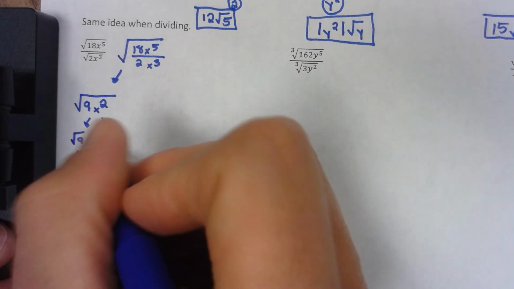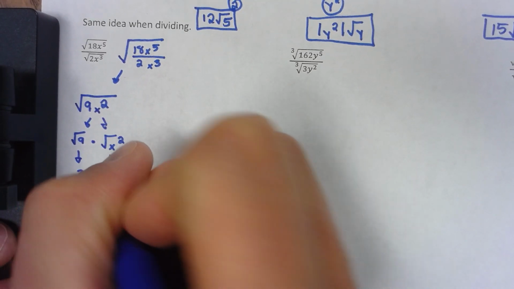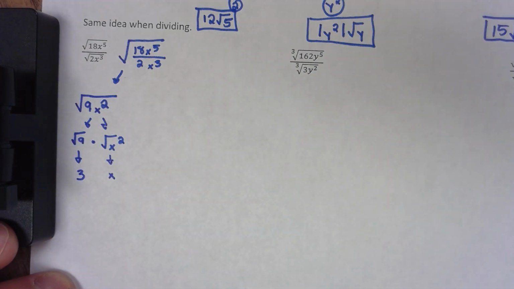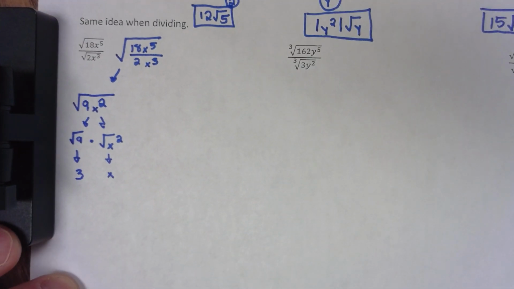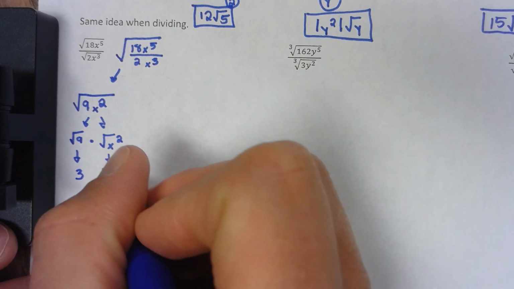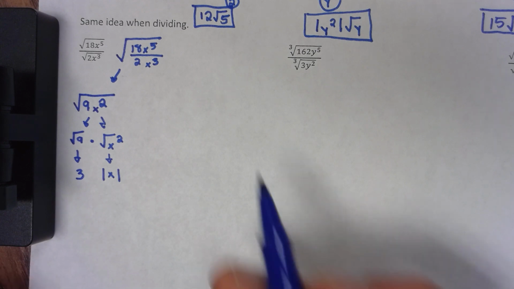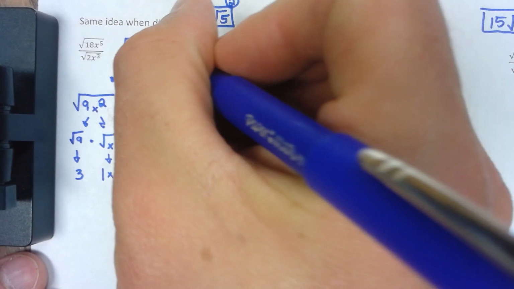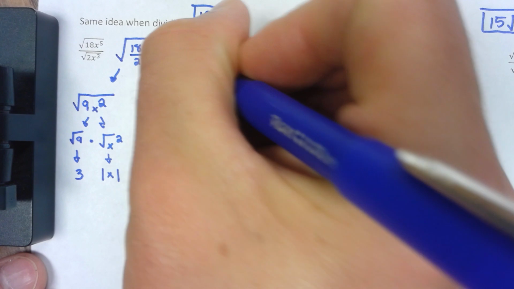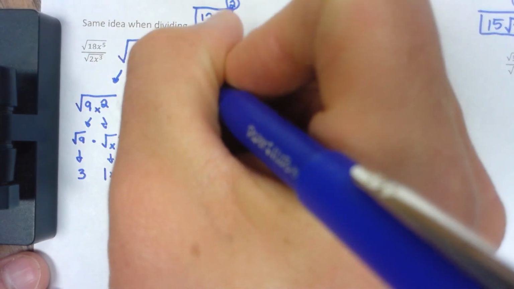And root x squared is just x. But that x 100% needs absolute value brackets because we're dealing with an even root and because x can take on a negative value. So in total, this entire expression simplifies to be 3 times the absolute value of x.